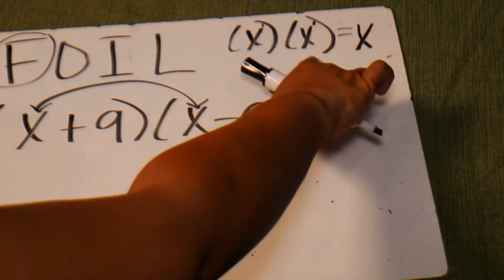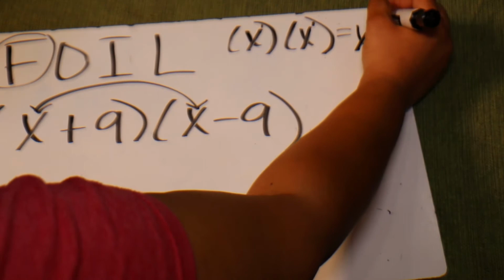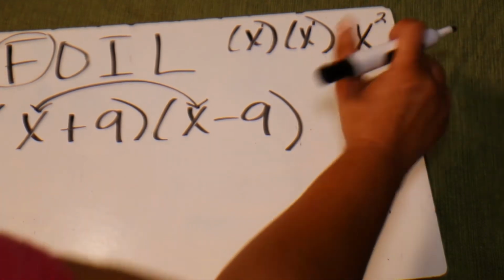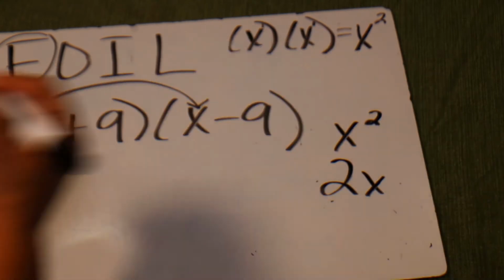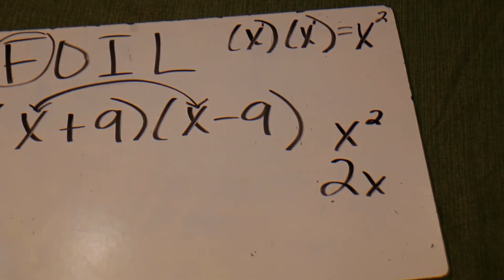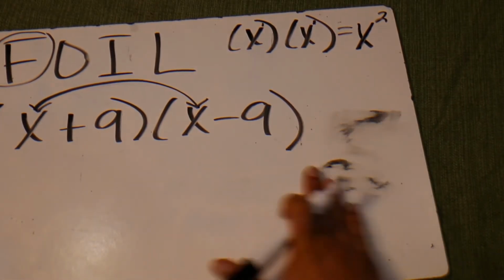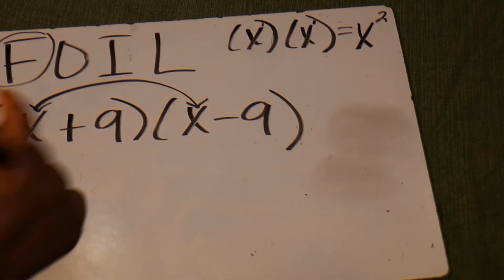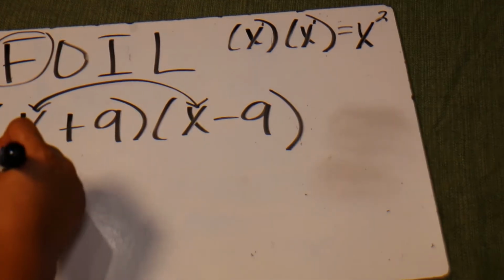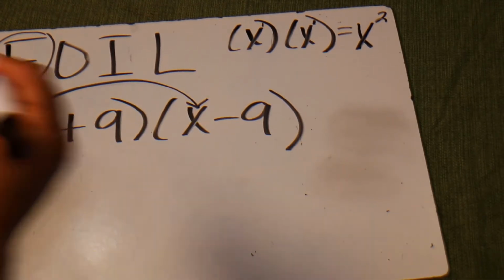So x times x is not 2x, but x to the second. Okay, so let me erase that and we'll come back to that. All right, so x times x gives you x to the second.